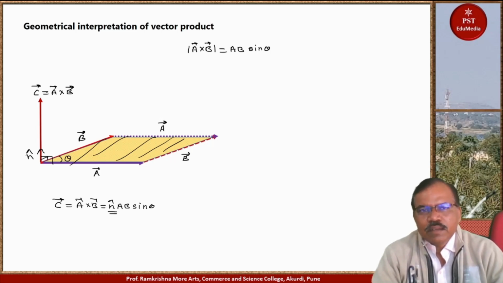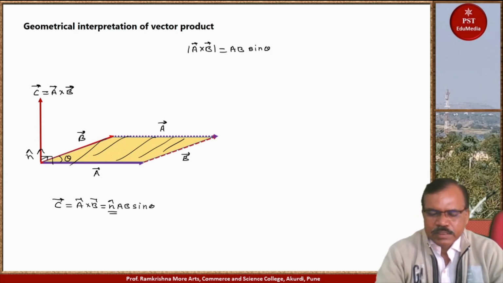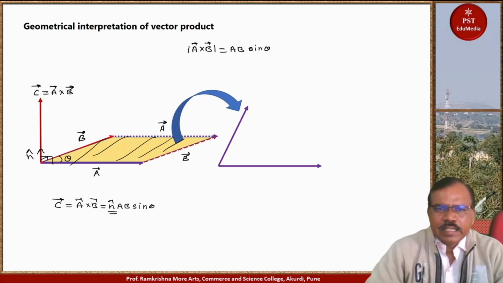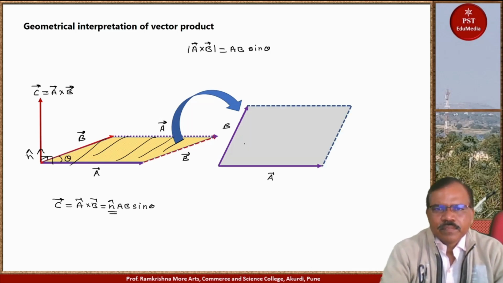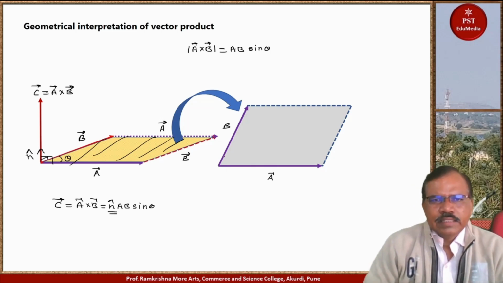Now what is the magnitude of A cross B? It is AB sin theta. Geometrically, what is the meaning of this? Suppose we take this parallelogram only. So this is vector A and this is vector B, and this is the parallelogram. This angle is theta.